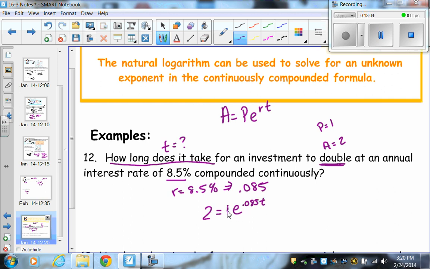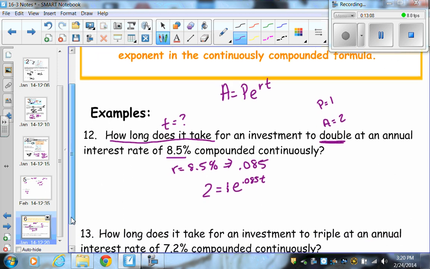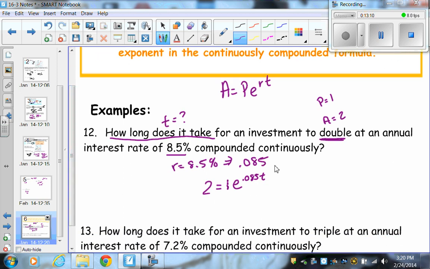If you notice, it's in exponential form and we're solving for an exponent. The only other option that we have is to change this to a log form. Since we're dealing with e, we're not going to have the log, we're going to have the natural log. As long as what I do to one side, I do to the other, I'm not going to change anything. So I can take the natural log of the left and the natural log of the right.